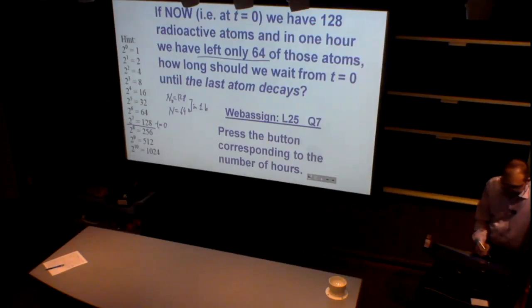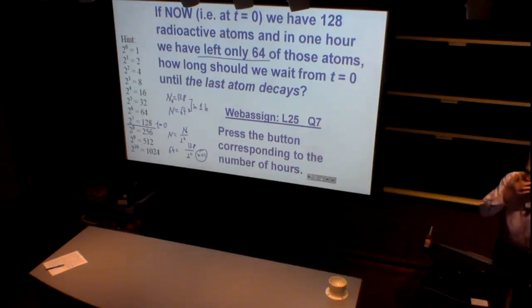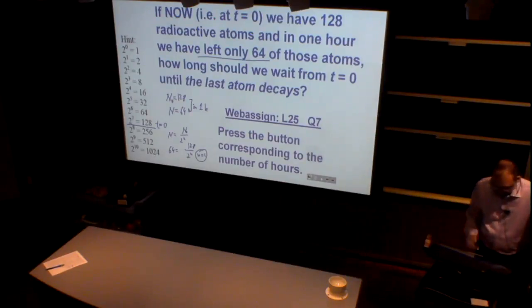So first of all, the equation, the easy way to write the law of radioactive decay, immediately tells us that we've been waiting exactly one half-life, which means 1 hour is a half-life for this material. So in 1 hour, we got left 64.